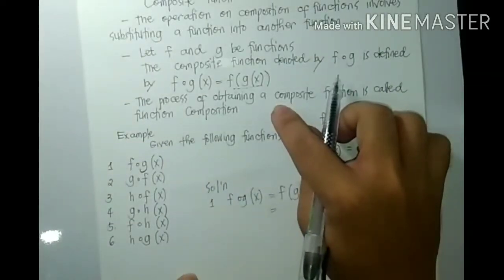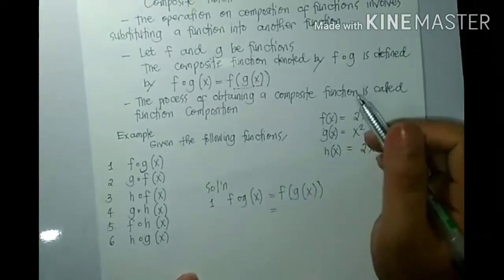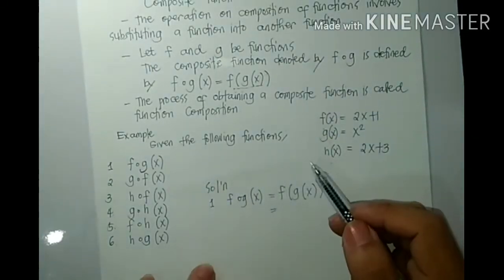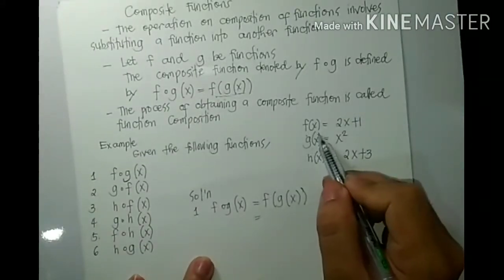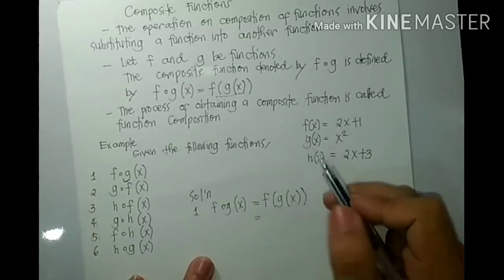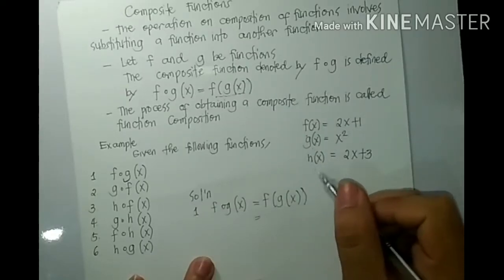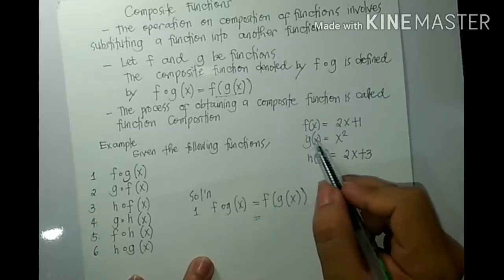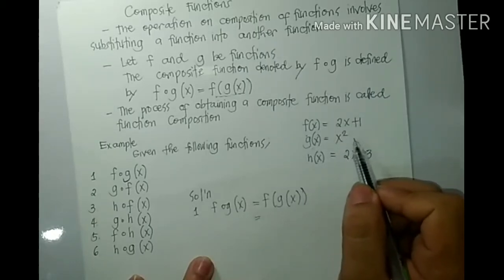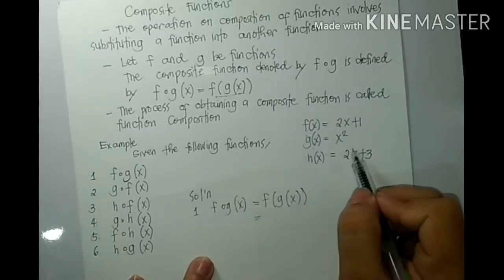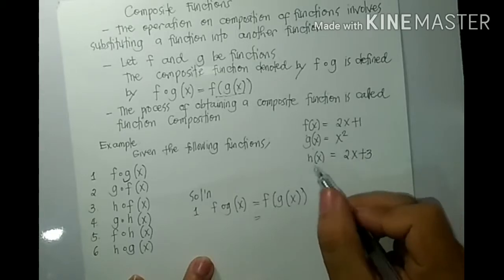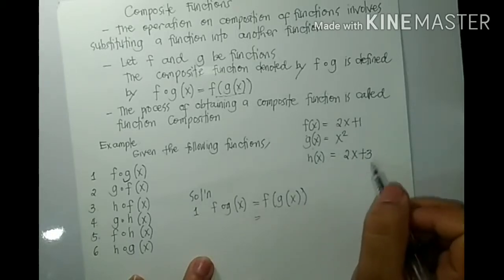Now to further understand, let us have some examples. Given the following functions, we have f of x, g of x, and h of x. f of x is equal to 2x plus 1, g of x is equal to x squared, h of x is equal to 2x plus 3.